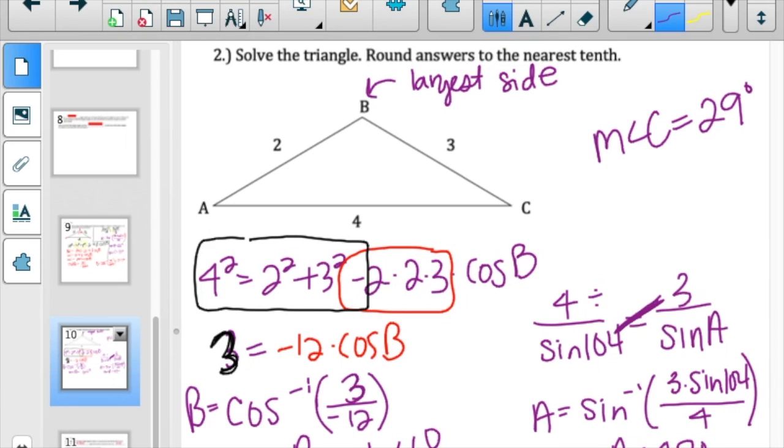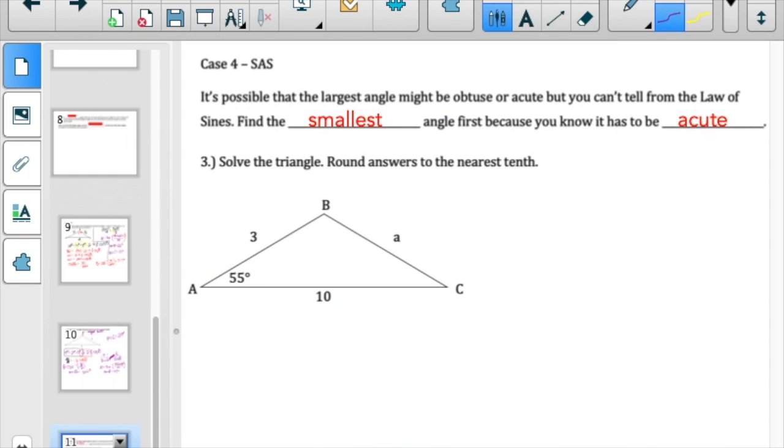Now, so that's on side, side, side. We had to find the largest angle. The last case here is side, angle, side. On side, angle, side, it's possible that the largest angle might be acute or obtuse, and again, we can't tell from the law of sines.